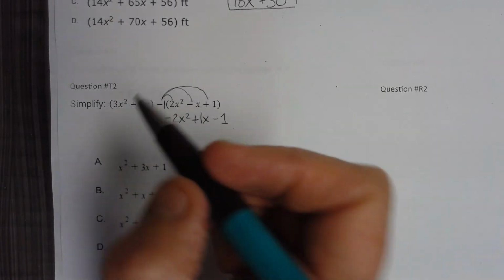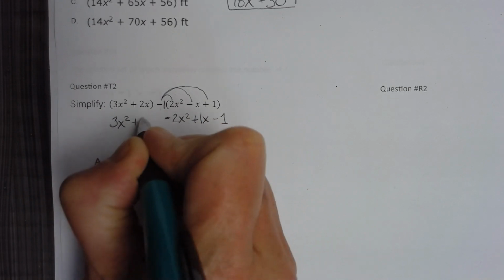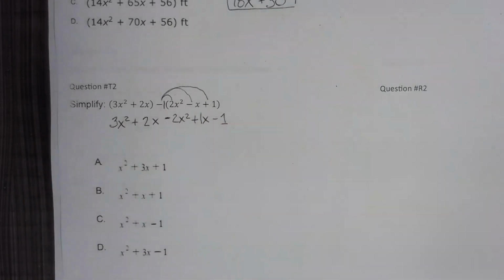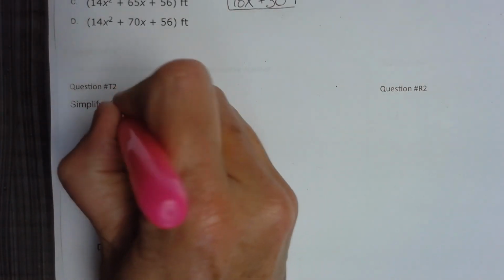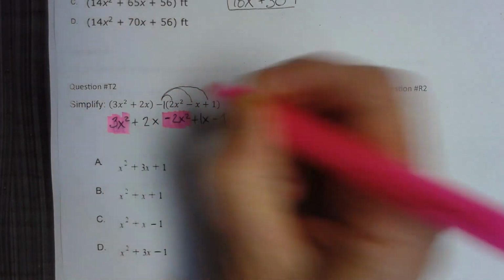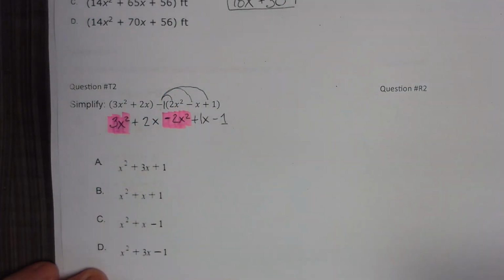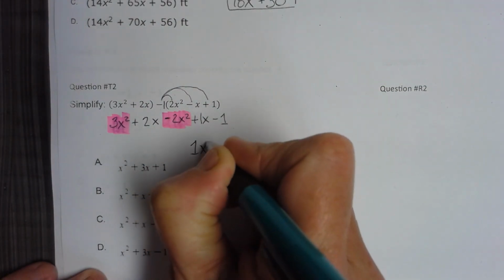Now I'm going to bring down the first parenthesis. And now I'm going to combine like terms. I've got a 3x squared that is like my -2x squared. When I combine those, I get a 1x squared.